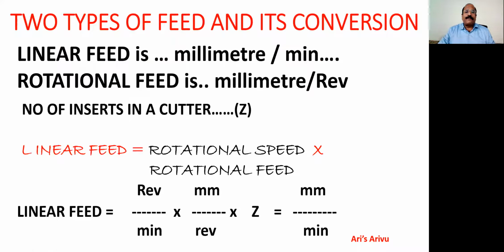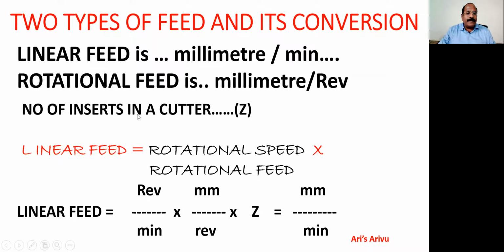There are two types of feed in milling. One is linear feed, which is the rate at which the cutter is getting into the component, in millimeters per minute. Rotational feed is how much the tip of the cutter advances into the component in one revolution. Normally there will be a number of pockets, 2, 3, 5, 6, 8, depending on the diameter of the cutter.